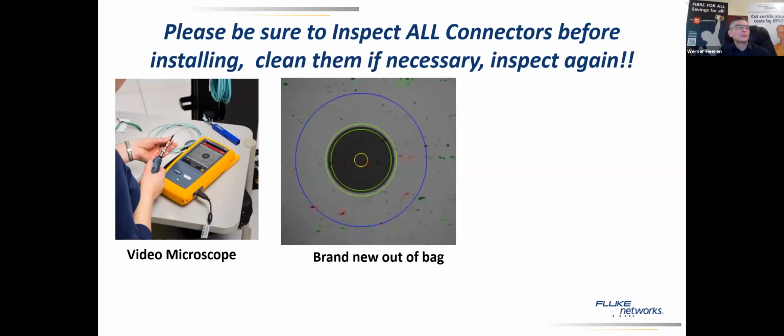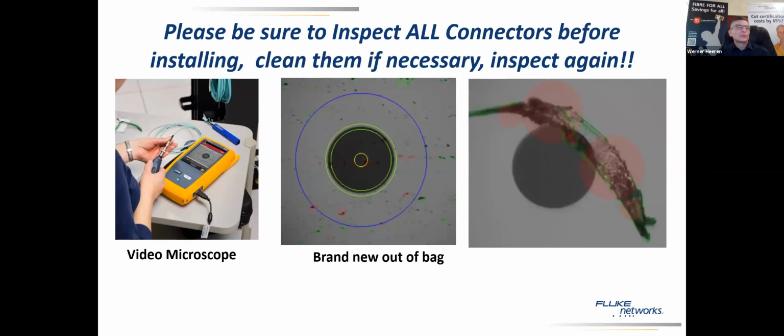This is an example of a fiber that came new out of the bag, and you see there is still dirt on it. So you have to clean, but after cleaning, you still need to check again, did you do the proper cleaning? Because there is dry cleaning, wet cleaning. You can also clean on your shirt, which of course you should not do. But after the cleaning, you need to check again.